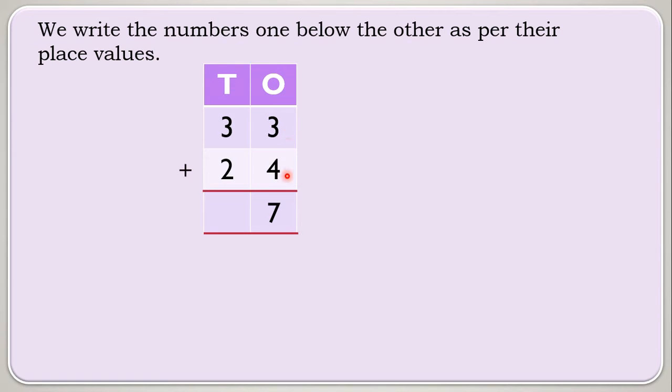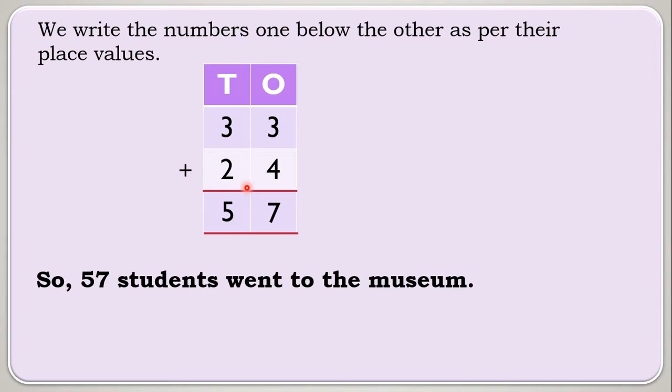So 3 plus 4 is 7 and 3 plus 2 is 5. So 57 students went to the museum. So this is what is called as adding two numbers without regrouping.